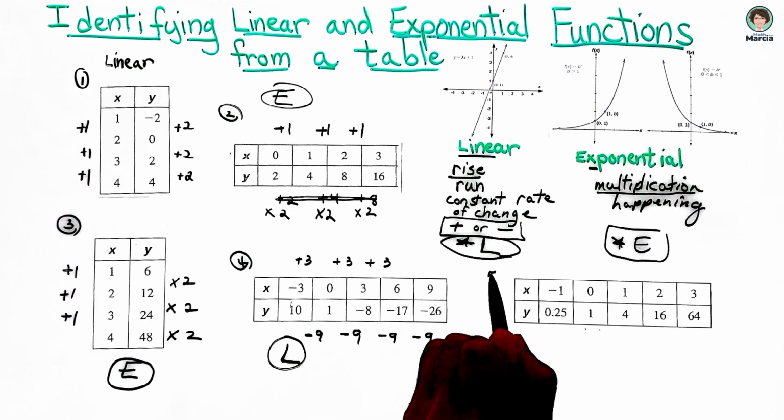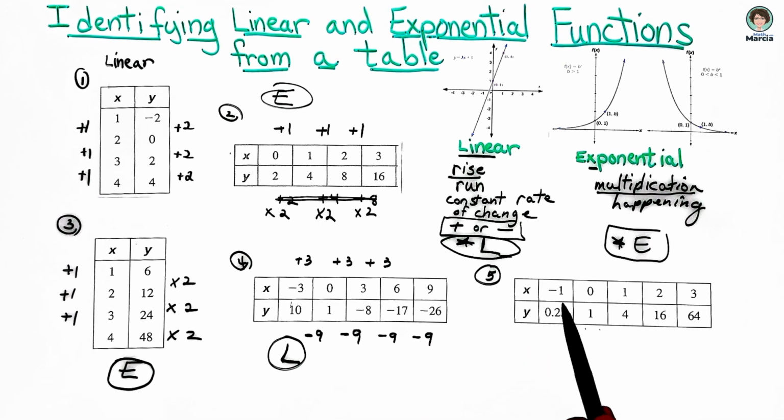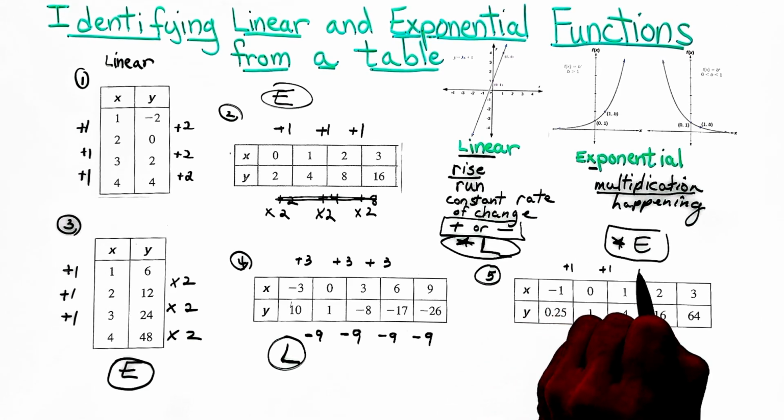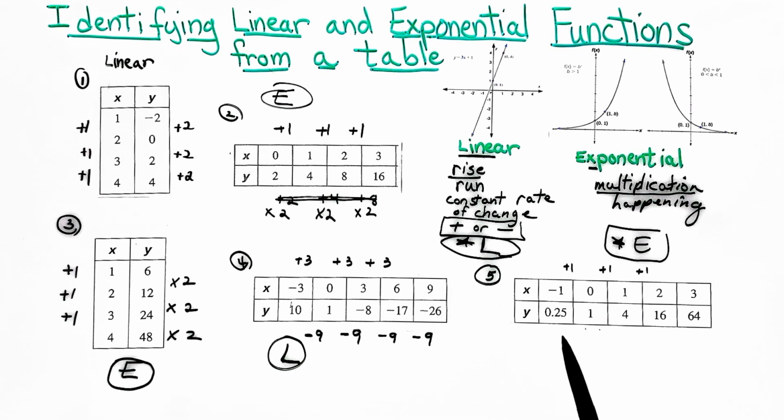And looking for the last one. Here I have -1, 0, 1, 2, 3. Okay. And I'm looking at that and I'm seeing each one of those does increase by 1. Going on the bottom, if you have trouble dealing with decimals, we can just skip that and double check from 1/25 to 1 what that number might be. Well, let's look at 1, a 4, a 16, and a 64.